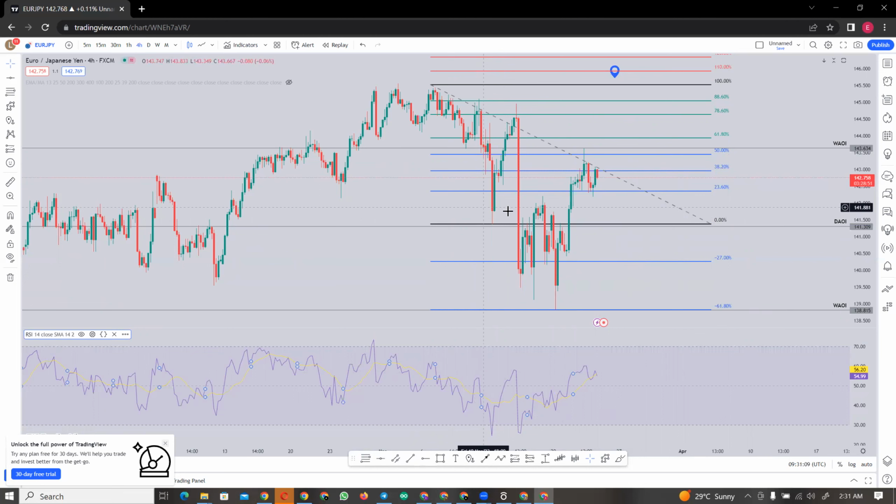EJ is bullish. But we need a retest. Let me mark this one. This market is bullish. This will be like a 4 hour AOI.